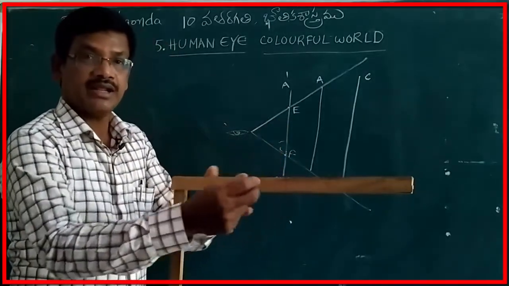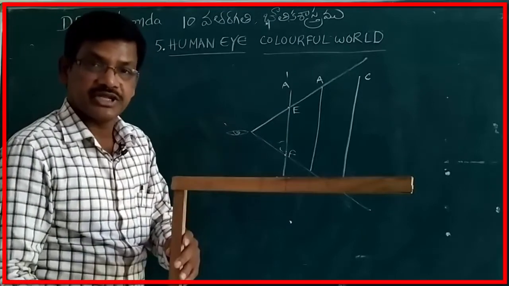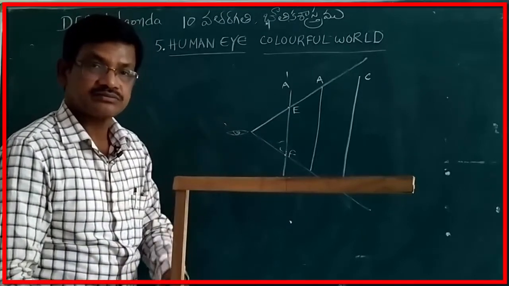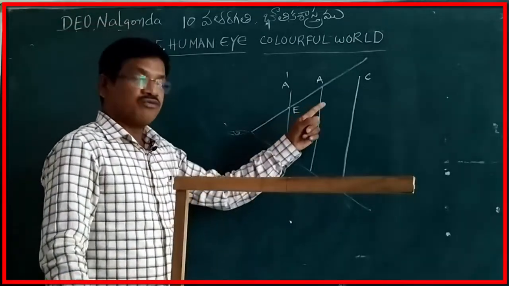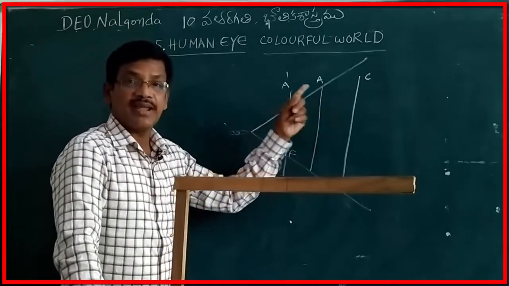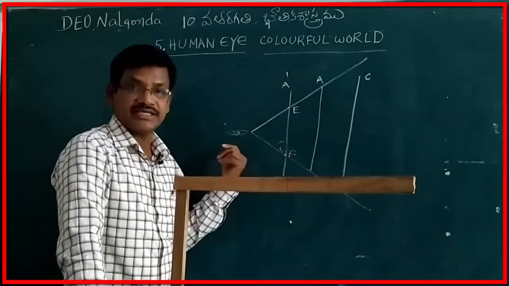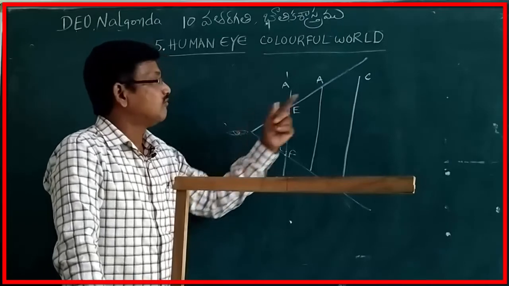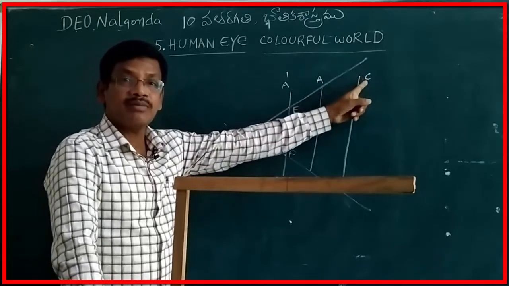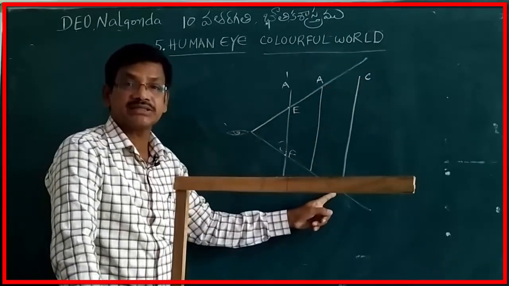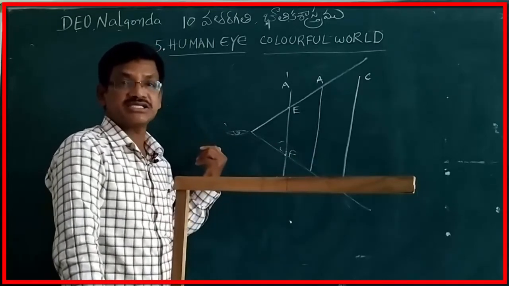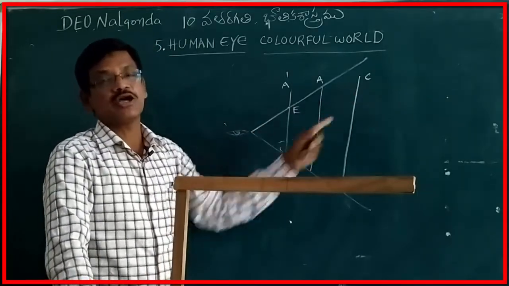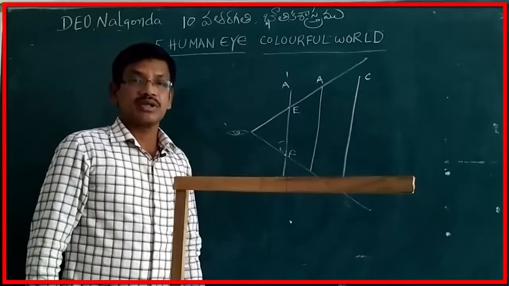So clearly, we face some difficulty in viewing top and bottom of objects located at that point of the stand in the activity, because when an object is placed in front of eyes, when light coming from endpoints of the object reaches our eyes, only then we can see the object completely.